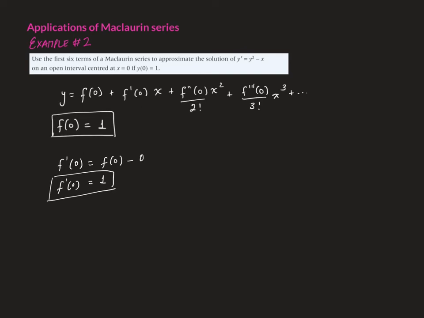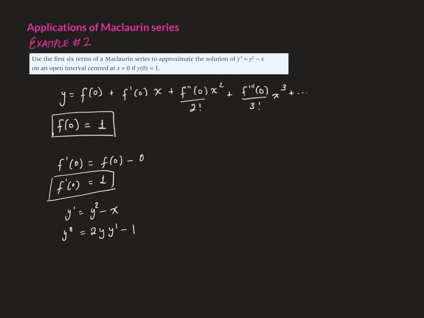Now if we want the second derivative, then in that case we go back to the differential equation. We want to do the second derivative, so we're going to differentiate this one more time. So the left-hand side gets the second derivative, the right-hand side gets 2y, y dash, minus 1.